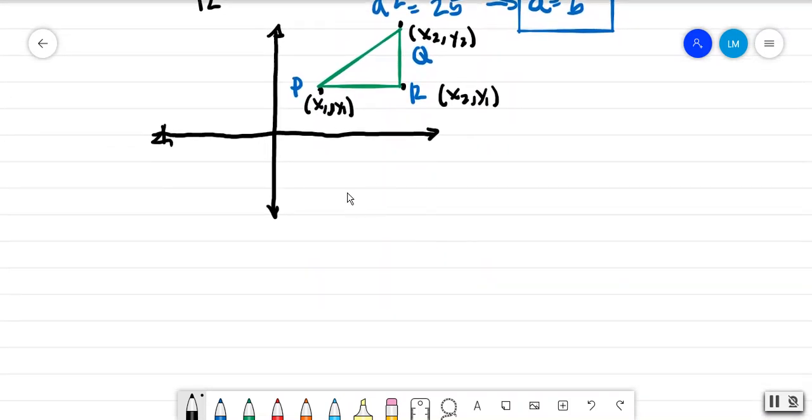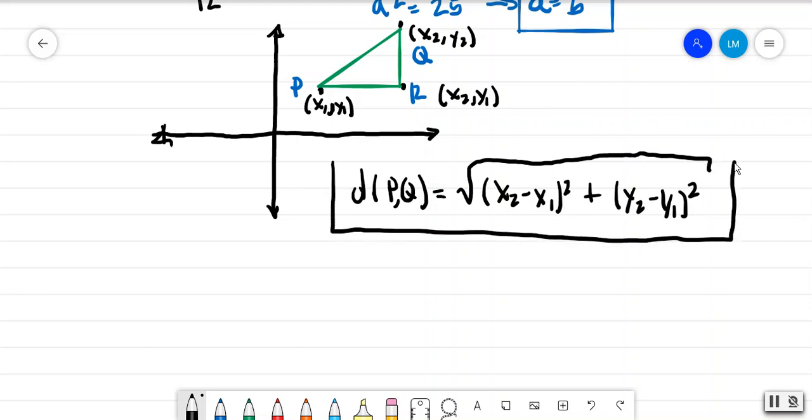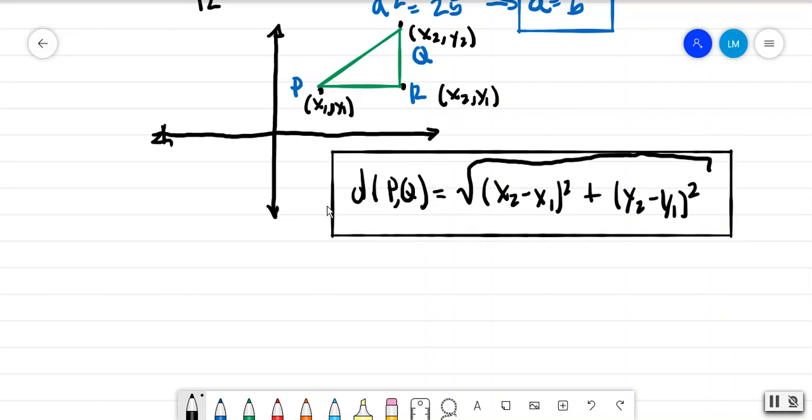So if we're going to find the distance of P and Q, you would simply say that this is equal to the square root of the sides squared, because we're using the Pythagorean theorem. That gives you x2 minus x1 squared plus y2 minus y1 squared. And then we'll just extend this out. This is the distance formula in any case, and it can be generalized to any sets of 2 points in the x and y plane. So we'll just call this the distance formula.